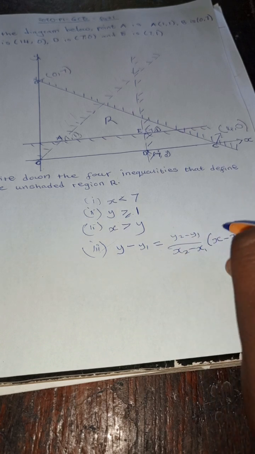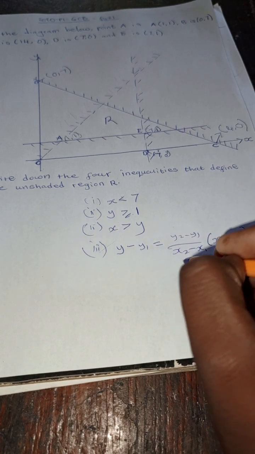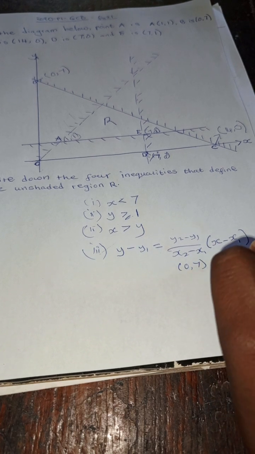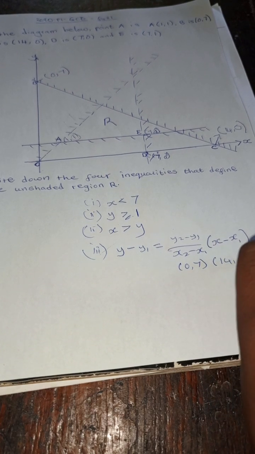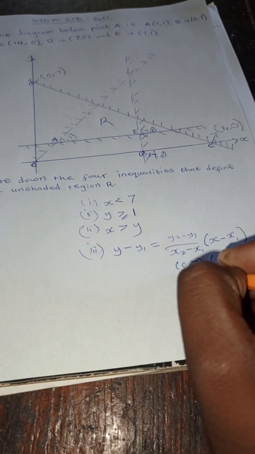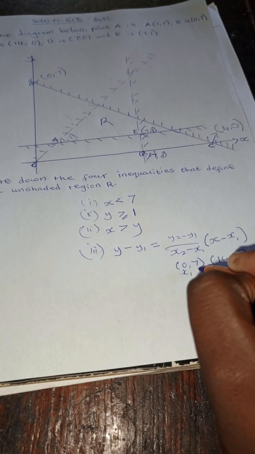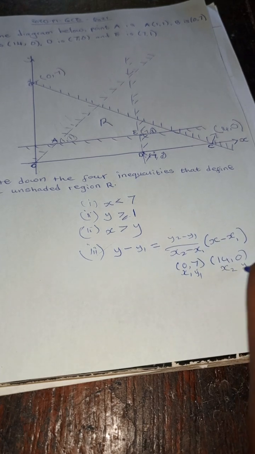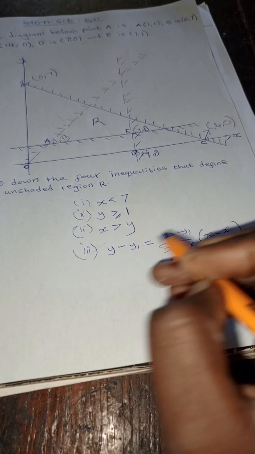We have the coordinates for B, which is (0,7), and for C, (14,0). Then you just have to replace.